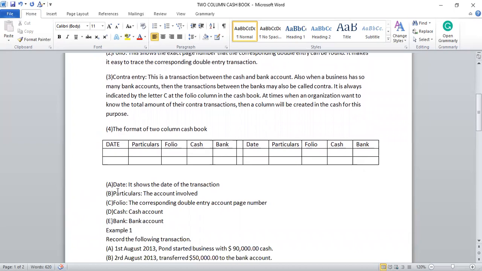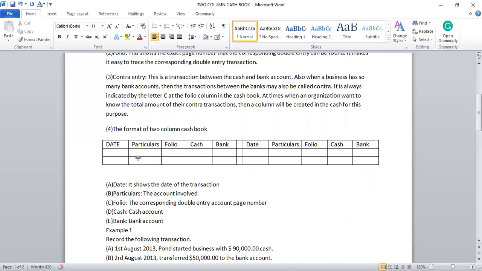So A, the date. What is the purpose of the date? It shows the date of the transaction. B, particulars: the account involved. That particular account that is involved, it shows it. C, folio: the corresponding double entry account page number.